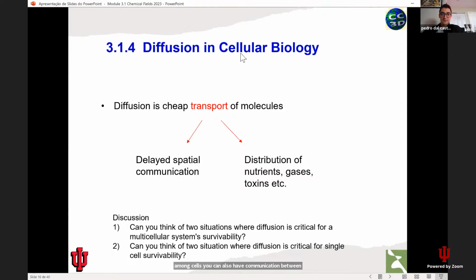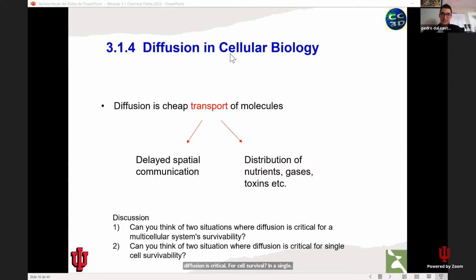So some discussions here. I think the most interesting one is single cell survivability. For single cell survivability, can you think of an example where diffusion is critical for cell survival in a single cell context?